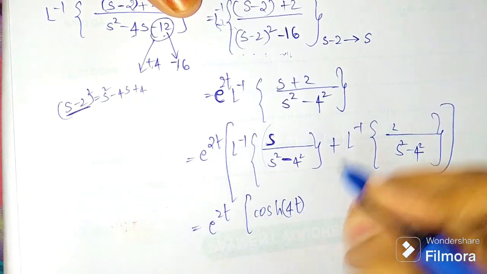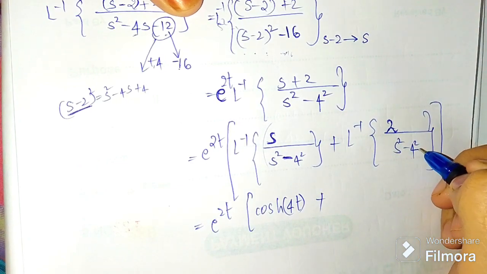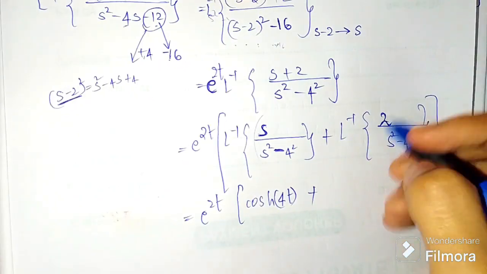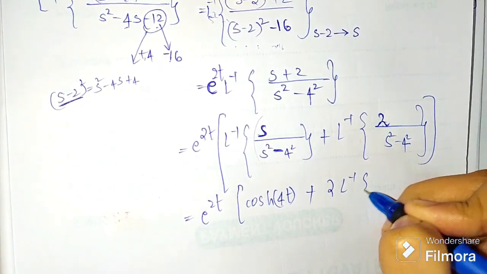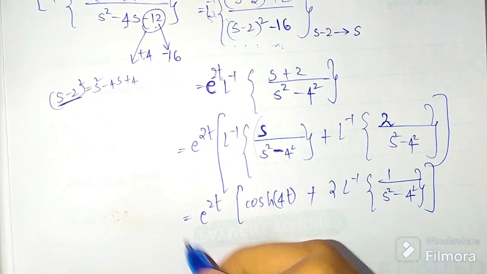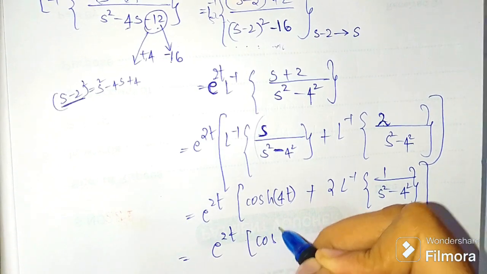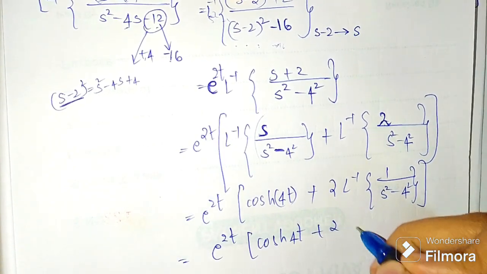Here some constant is there. Guys, wait. Okay, sorry. So now I'll put this 2 outside. For clarity, I'm writing it like this. 1 by s square minus 4 square. So e power 2t cos h4t plus 2, this is my sin h4t.